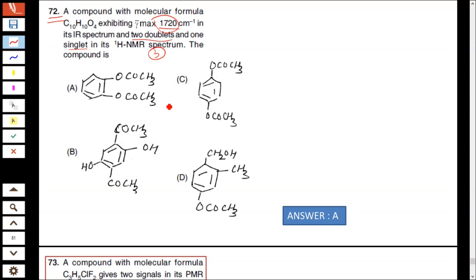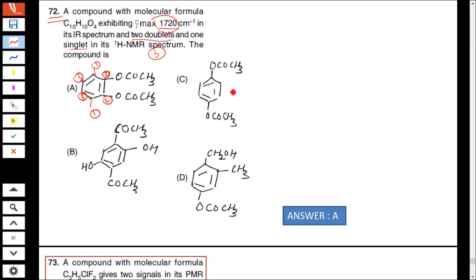Among these compounds, you see compound A gives 3 signals: 1, 2, 3.